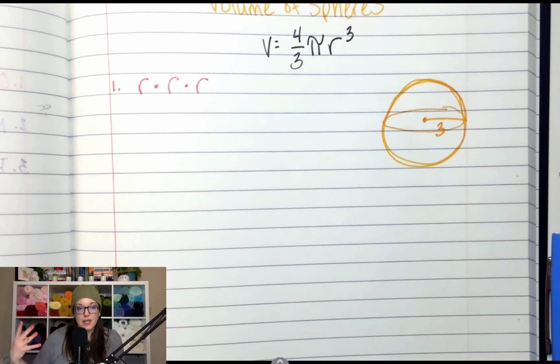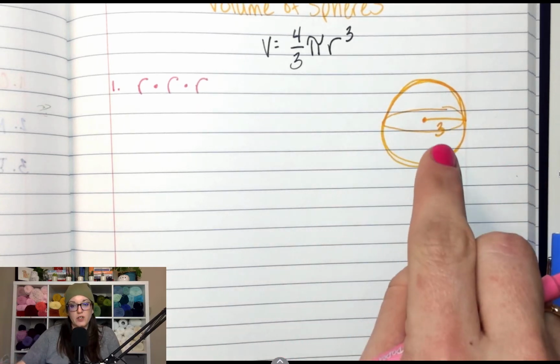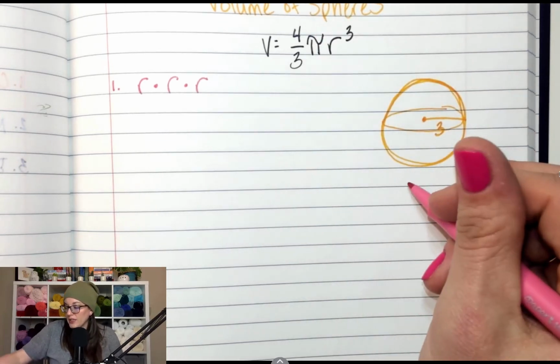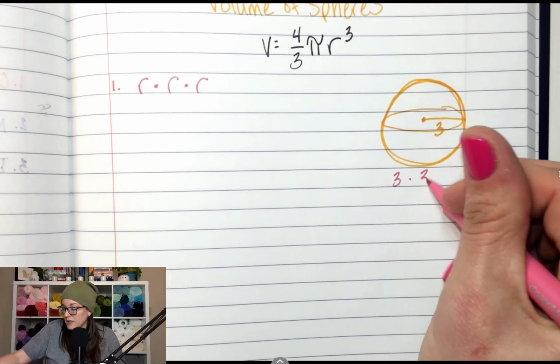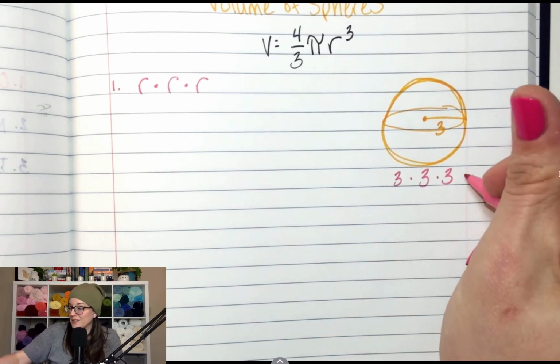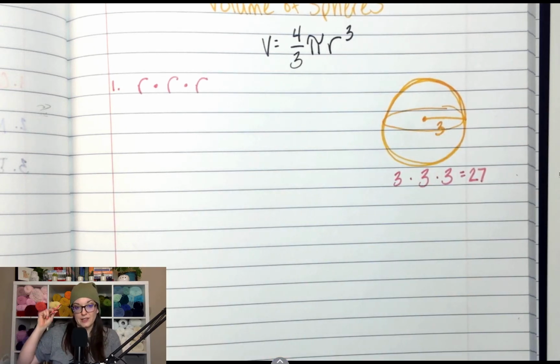And when we do PEMDAS, the order of operations, exponents come first. So if my radius is 3, that means I'm doing 3 times 3 times 3, which is 27. So step 1, radius times radius times radius.